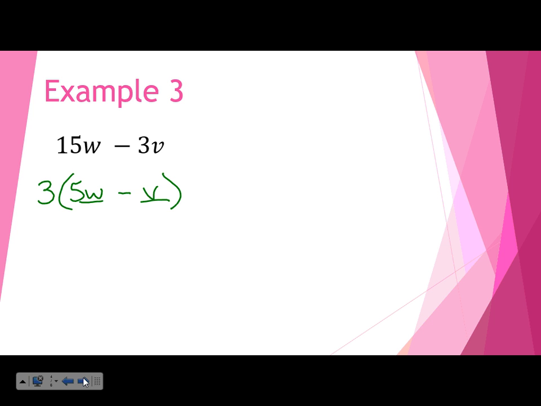So let me caution you on this. What if you had something like this? 2a squared plus 4a to the 5th minus 6. What would I take out from that? You don't necessarily need to write this down unless you want to, but everybody agreed I could take out a 2. Yes? Could I take out any a's?